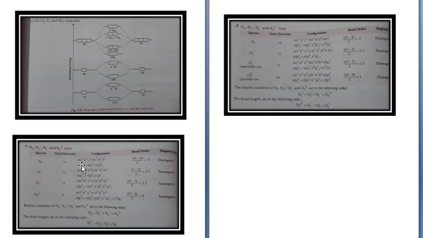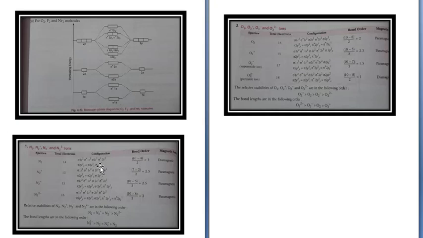The number of electrons in bonding molecular orbitals is 10, and in antibonding, you just have sigma asterisk 1s2 and sigma asterisk 2s2, that is 4.